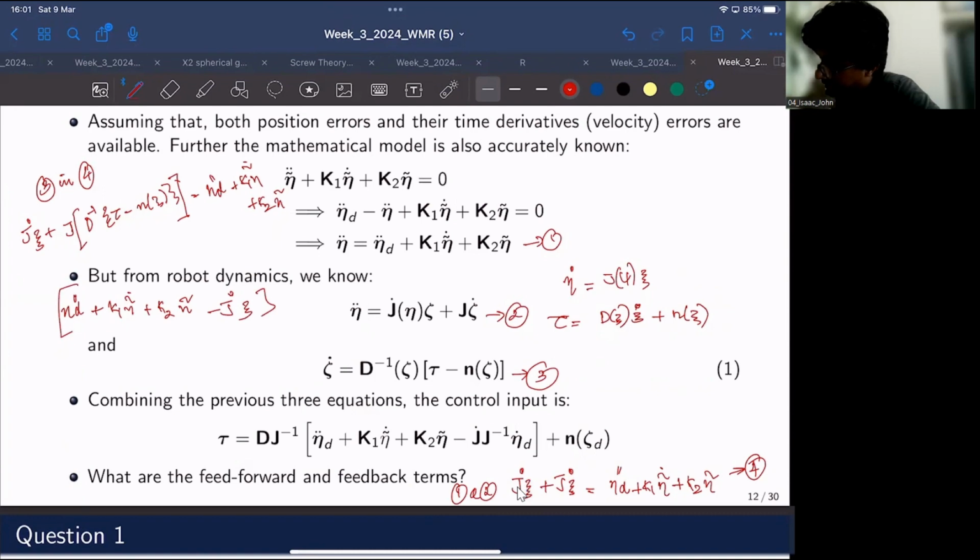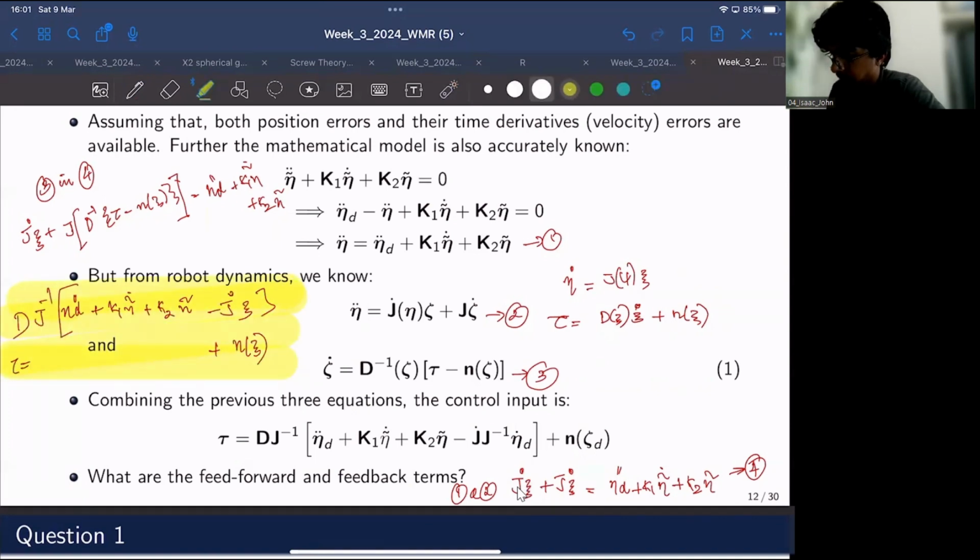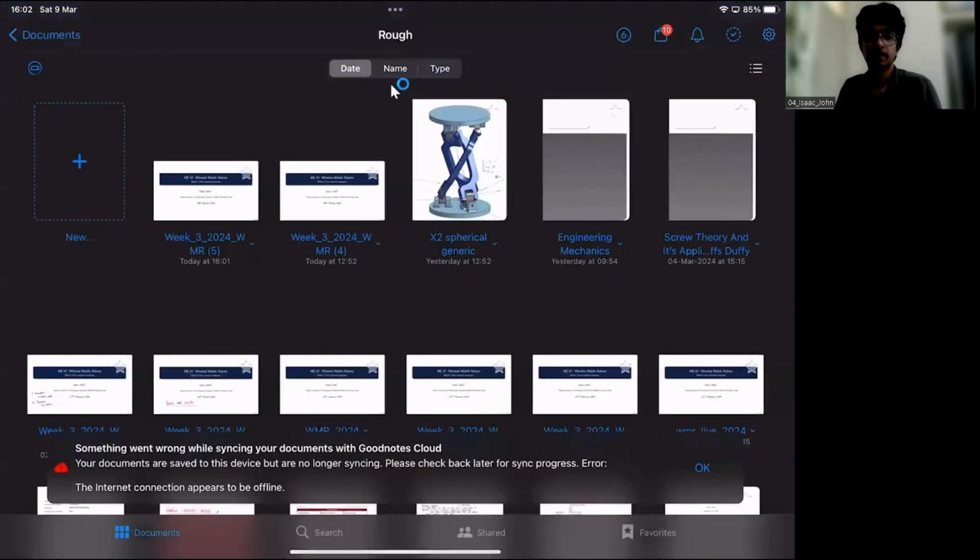You re-multiply this entire term by minus J inverse. Then you multiply it with D, and then add N of zeta. This is nothing but the torque, the actuation vector. If you supply this control input tau into the robotic system, then you can guarantee that it will follow this second order dynamics.